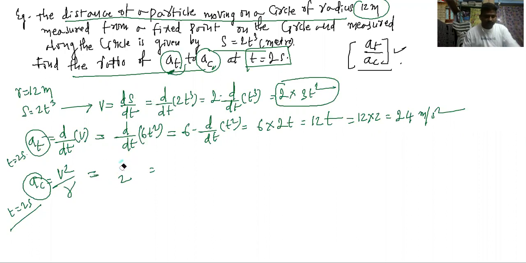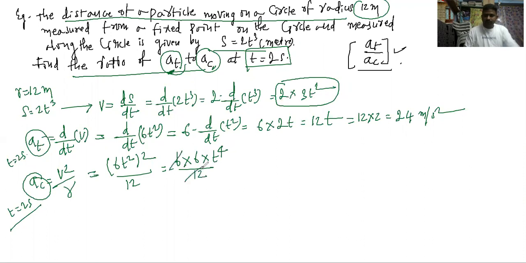Here we missed one thing, students. What is v square here? V is 6t square. Okay, 6t square whole square, divided by R. R is how much given? 12. So this I can write 6 into 6 into t to the power 4 by 12.